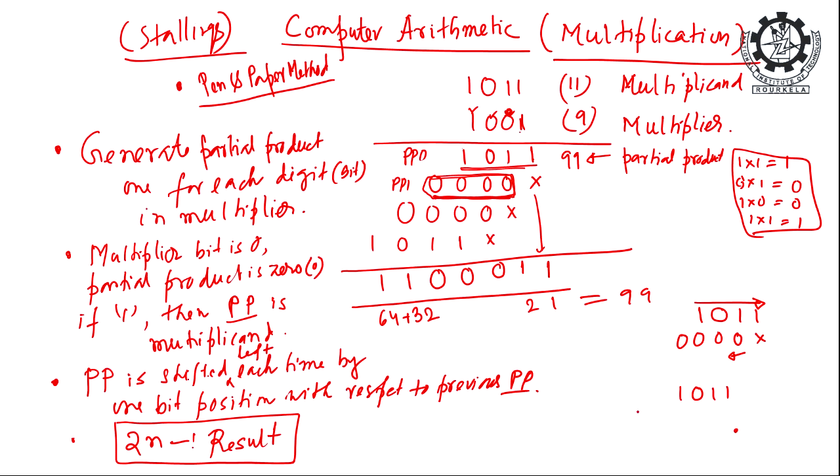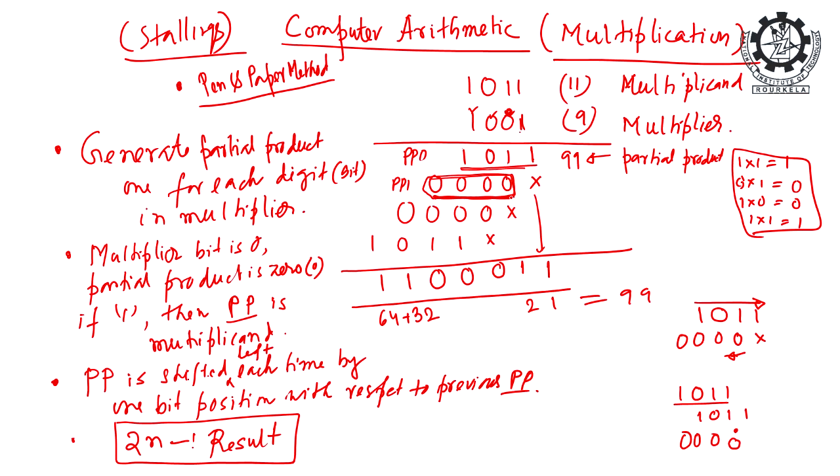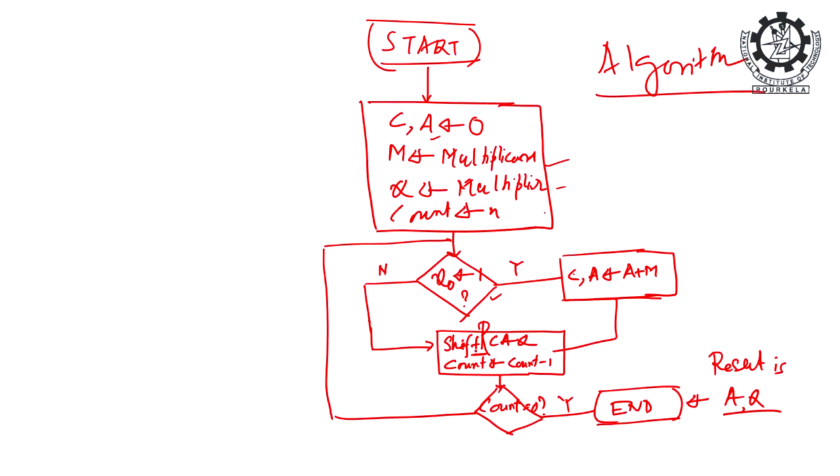We shift the entire 1 0 1 1 on the right side by 1 bit. Then for the partial product in the next stage we will start writing from here 0 0 0 0. It is the same thing, there is no difference. Earlier we were shifting the present partial product on the left side, but here whatever you computed previously we shift on the right side, and the effect remains same. So, that is why we do the shift right.